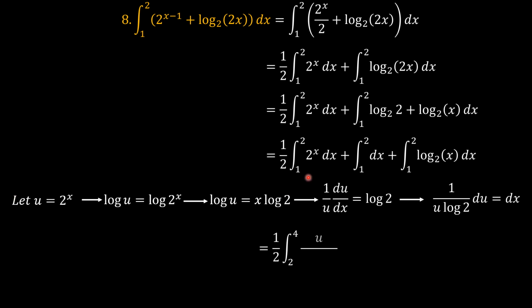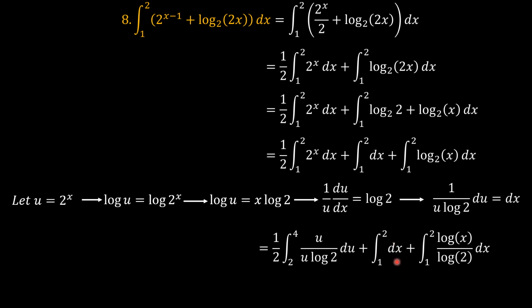The limits: when x equals 1, u is equal to 2, and when x equals 2, u is equal to 4. So this becomes 1 over 2 times the integral from u equals 2 to u equals 4 of u times 1 over (u log 2), so we have u over u log 2.